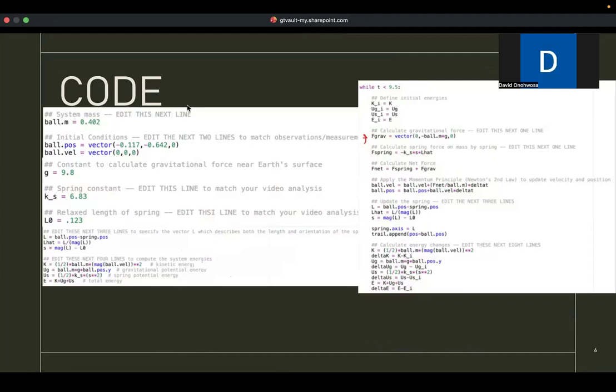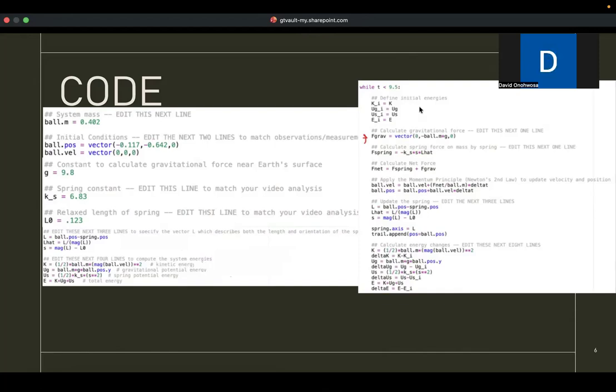Okay, so for our code, our initial conditions, we just had the ball mass, its position, its velocity, the force due to gravity, spring constant, the relaxed length of the spring, and then these will calculate like the length of the spring currently, and these will compute the system's energies.